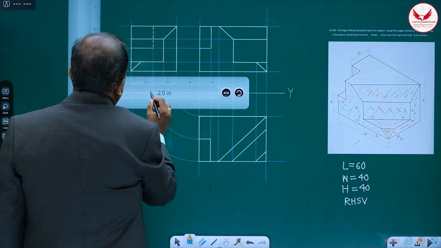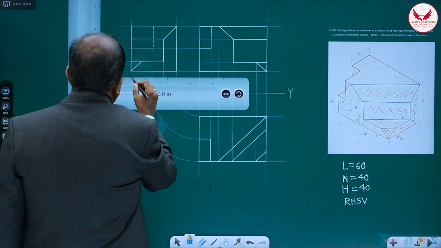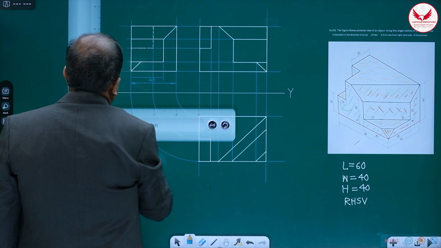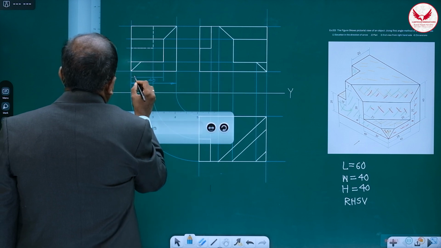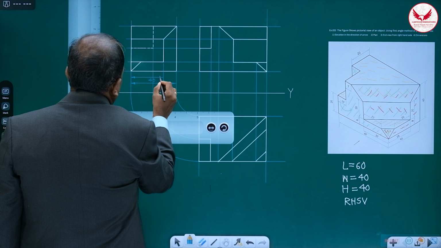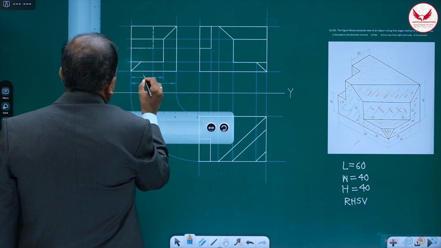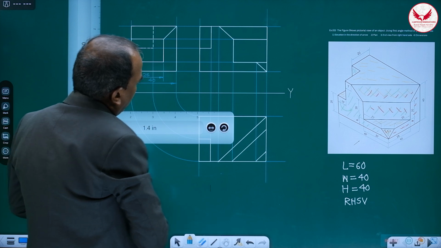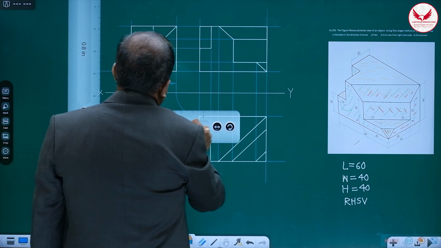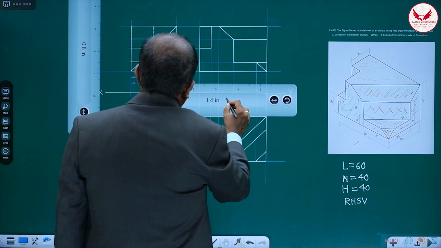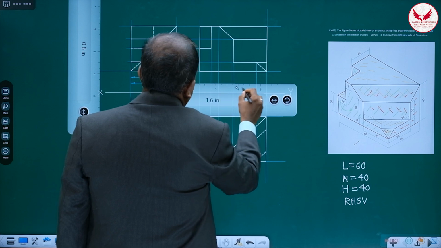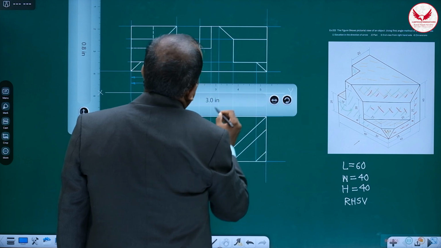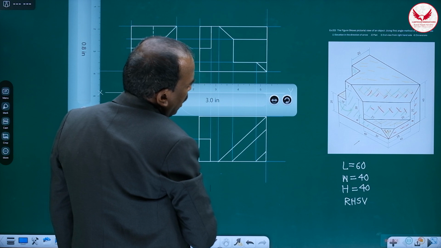So it's 28. The larger dimension always goes on the lower side. If two dimensions are at one place or outside, it is 28. Then here also it is 60. This overall is 60.